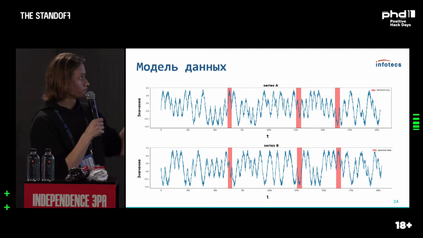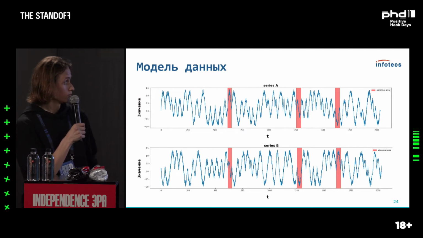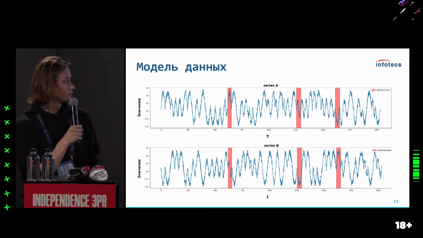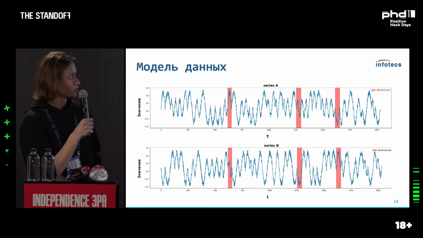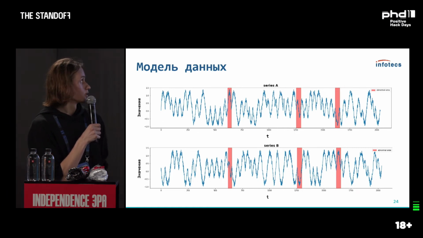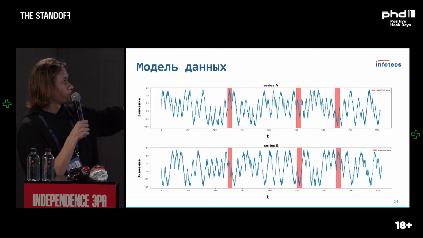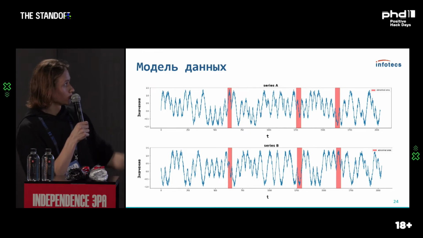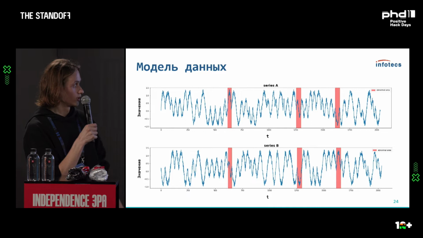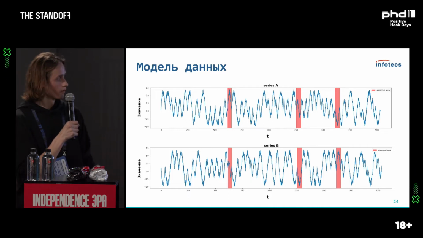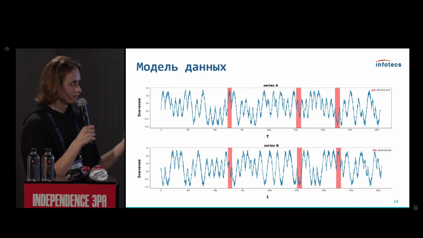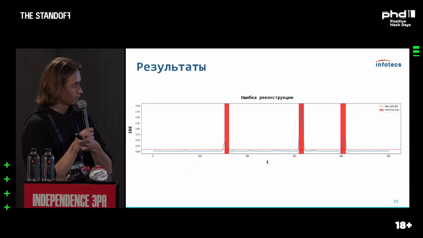So we came up with a test set built upon such patterns. We added noise and the 3 anomalies. In A, pattern equals 0, and pattern 2 in the next case. It's an anomaly.